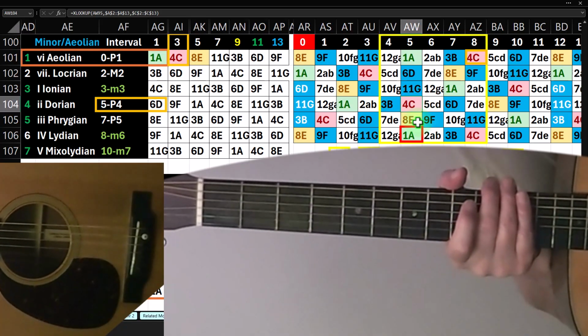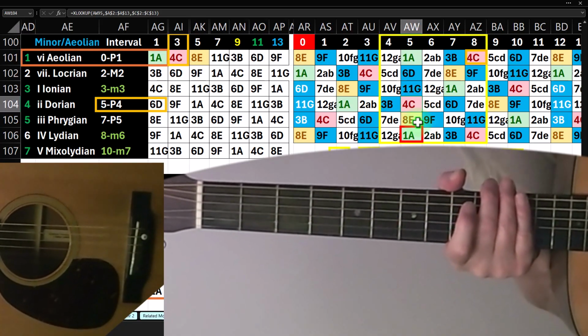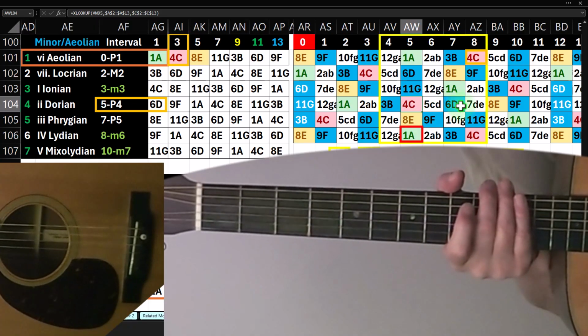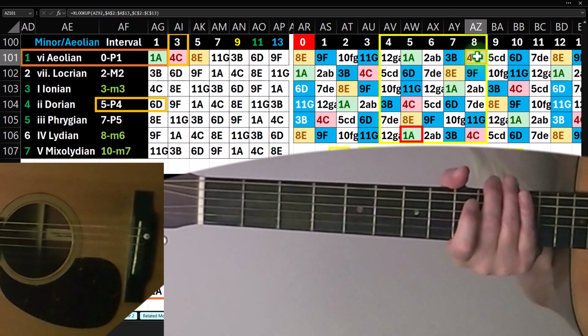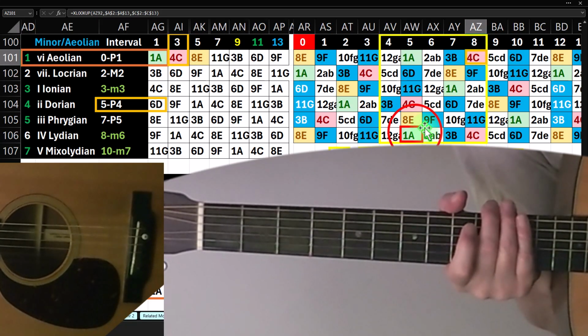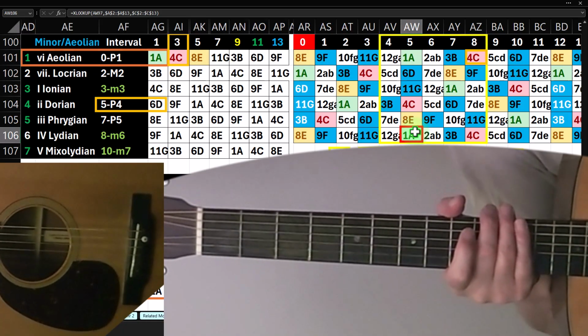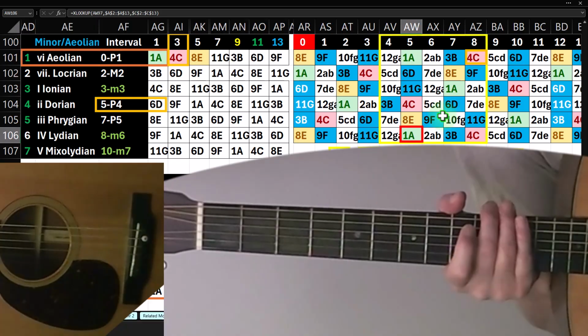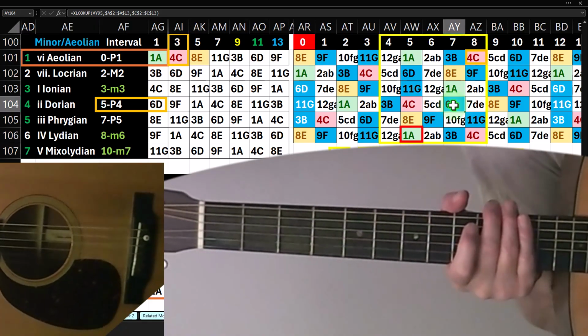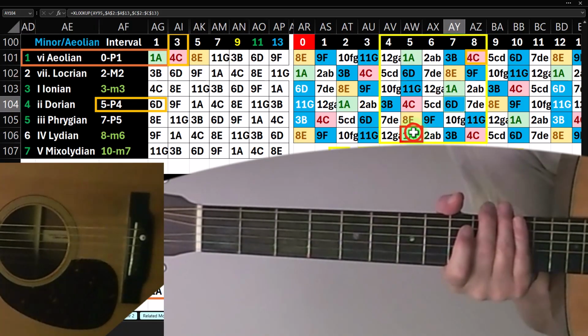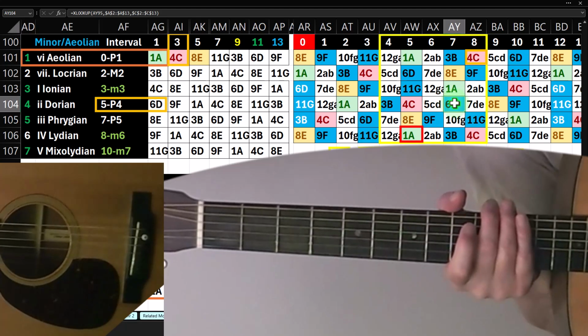So if I'm able to see that, then I can start naming the intervals and say, what if I'm measuring from the A, which is the Aeolian note, to the D note, which is the Dorian? So I'm measuring from the start of the Aeolian to the start of the Dorian.